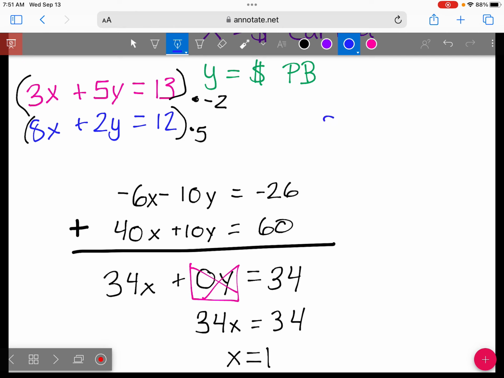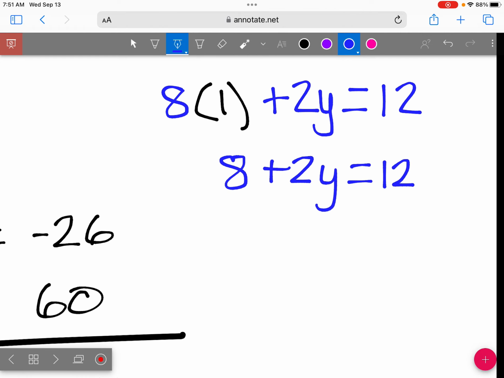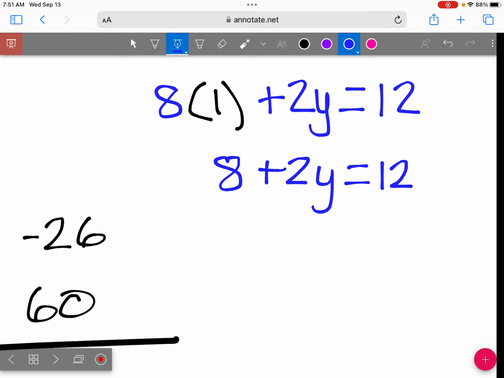So we're going to take our blue equation and substitute in the fact that I now know the x is really a 1, plus 2y equals 12. 8 times 1 gives me 8 plus 2y equals 12. What do we do to get y by itself? Subtract the 8 on both sides.